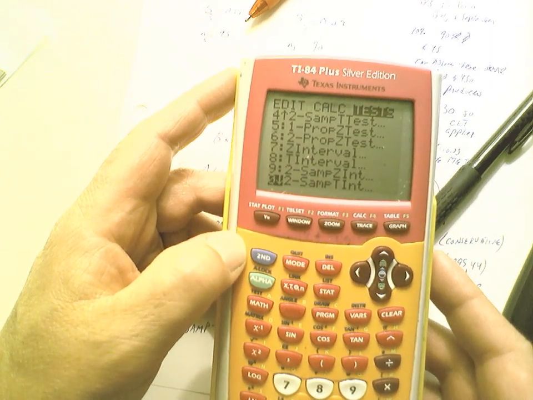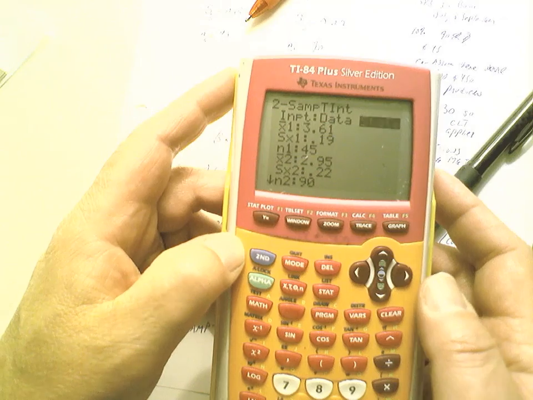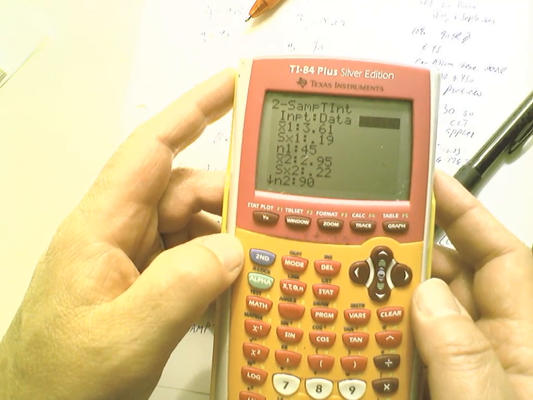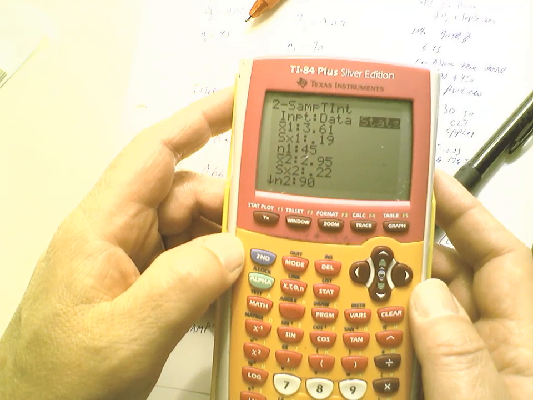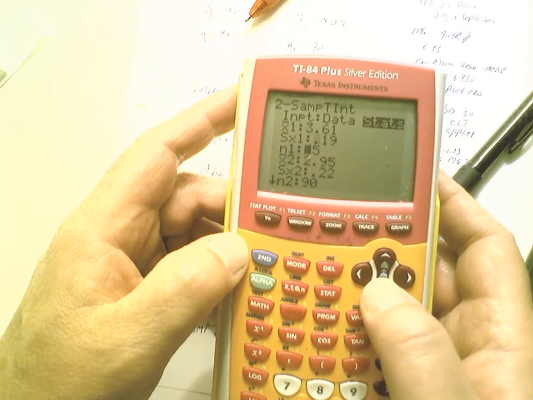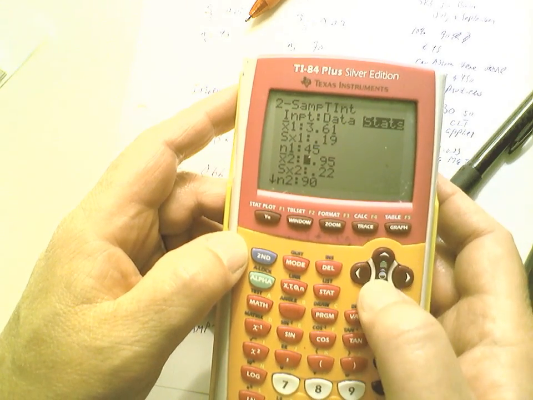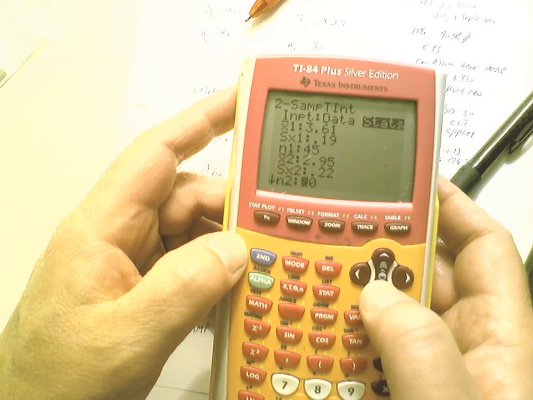It's option 0. And look, I'm going to work with stats. I've put in, in the first three fields that you see here, the data for September: a sample mean of 3.61, sample standard deviation of 0.19, sample size of 45. The July numbers, you can see 2.95, 0.22, 90.